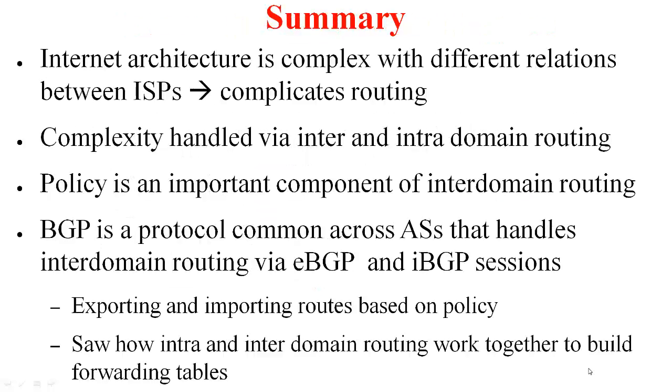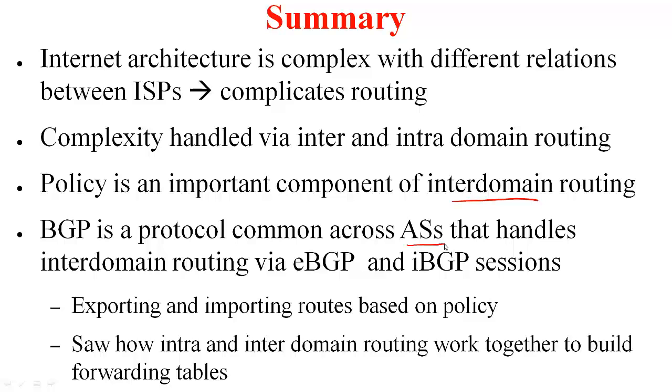So to summarize, the internet architecture is very complex with different relations between the ISPs, and this tends to complicate routing. We saw that this complexity can be handled via inter and intra-domain routing, where policy dominates the inter-domain routing. The protocol that facilitates inter-domain routing is the BGP protocol.